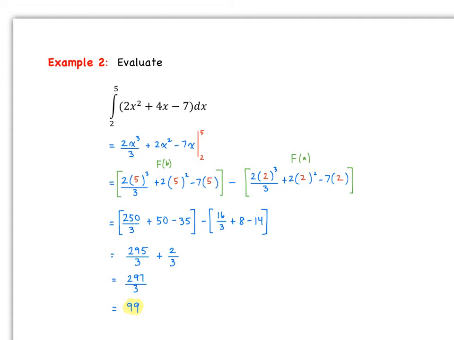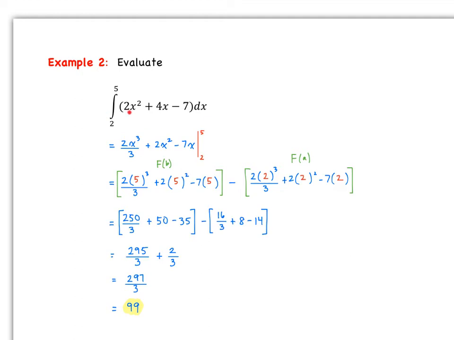Okay, now we're going to get into an example where we're going to evaluate a definite integral. So remember, those definite integrals have those limits here, those limit endpoints. Okay, so this integral should look familiar to us. Now, instead of using the limit definition to find this integral, we're going to actually use the fundamental theorem of calculus.